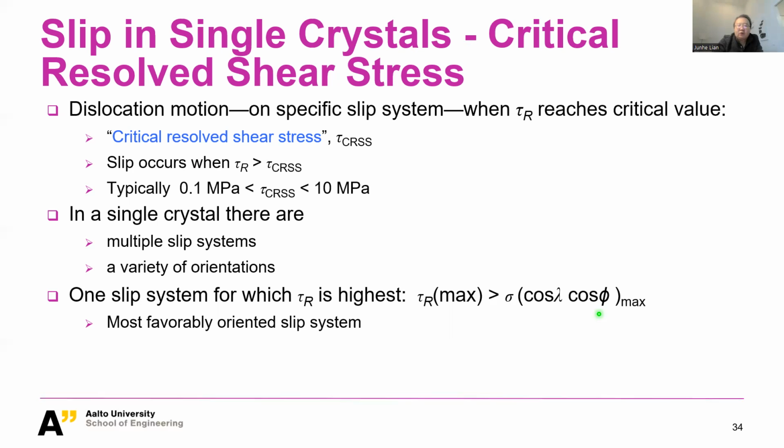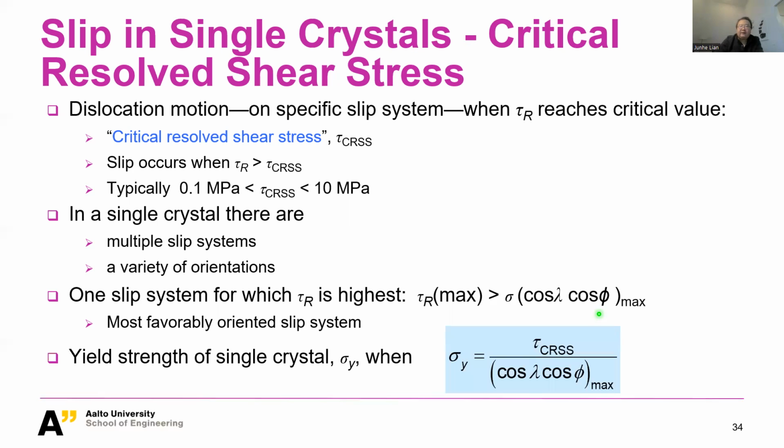So the maximum Schmidt factor will be favorable on that slip system, and then the yield strength is further derived. If you know this material intrinsic number, the critical resolved shear stress, and you look for the maximum Schmidt factor from a specific slip system, you could derive the required tensile stress for plastic deformation according to such an equation.